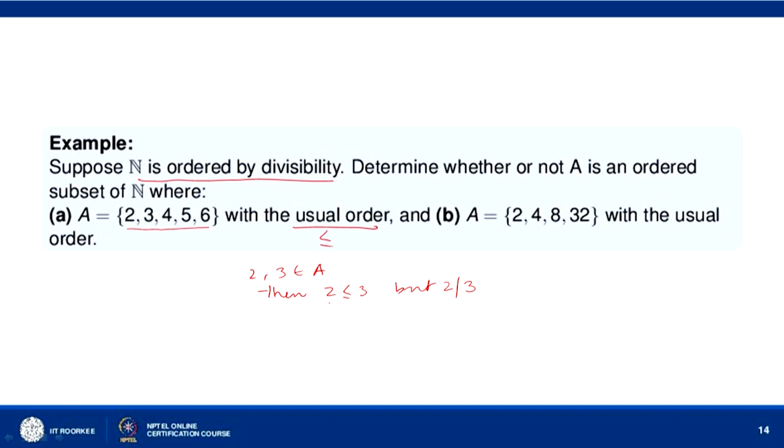So, we have taken x to be 2, y to be 3, and with respect to the usual order in A, 2 and 3 are related, 2 is less than or equal to 3, but 2 does not divide 3. So, this condition does not hold.